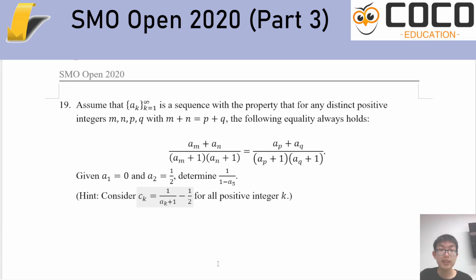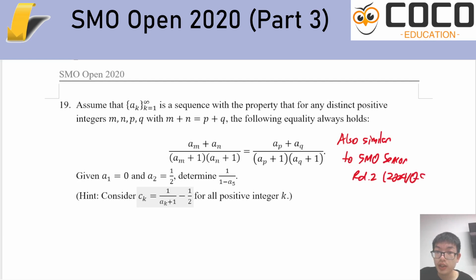For instance, this year being 2024, almost exactly the same question appeared in our SMO Senior Round 2, Question 5, which one would say is obviously meant to take quite a long time.